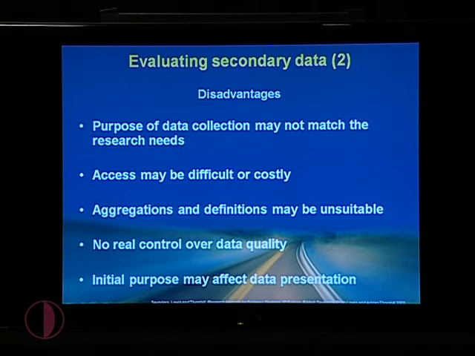While the main disadvantage is that the purpose for which this data was collected or used is completely different from your research question, though to some extent it may still help your research questions. Access may be difficult or costly. Sometimes you are not allowed to reach some unpublished information in the organization. Some agencies may ask for a high price to sell you this type of data.